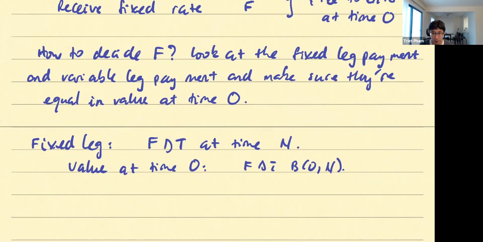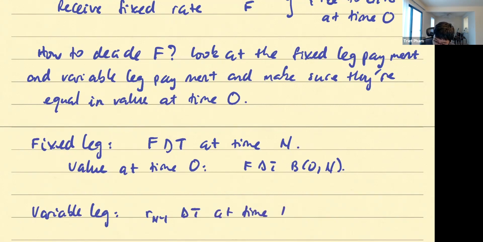On the other hand, what about the variable leg? The variable leg is kind of interesting. It receives Rn minus 1 times delta t at time n. How do we price this?